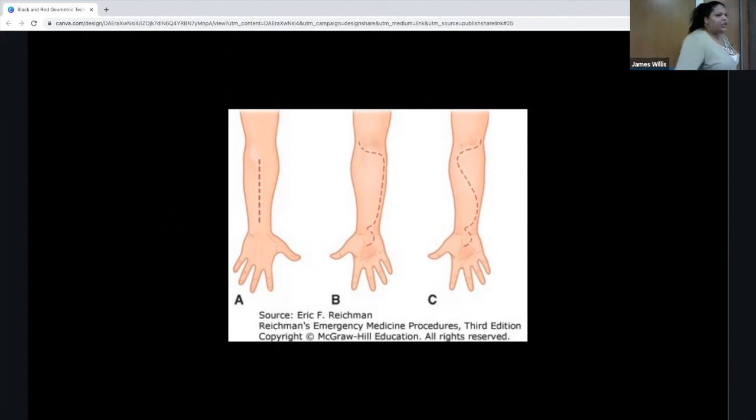You want to ensure that the incision is deep enough because you'll get edema and hyperemia after the decompressive fasciotomy, which can lead to increased compartment pressures after the procedure. So you want to make sure that it's deep enough because other compartments can become involved in the ones that you did not decompress.